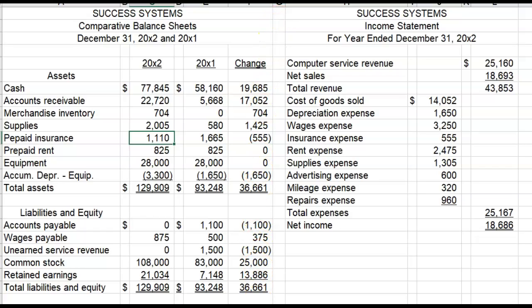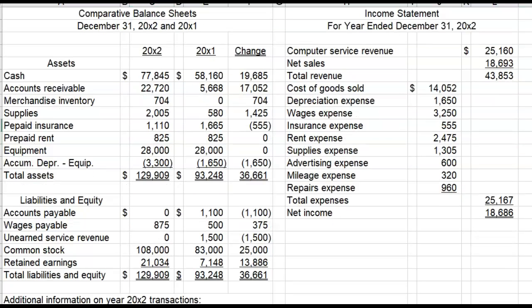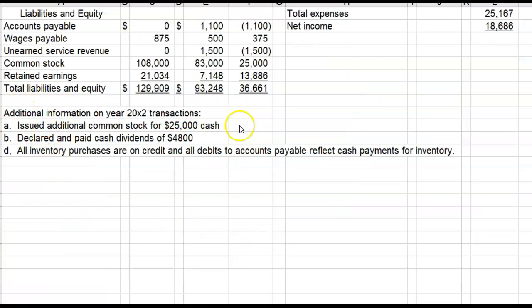That's this change column. You're also given the income statement for Success Systems for the year ended December 31st, X2, and you are also given additional information. This additional information is included underneath the financial statements I just showed you.